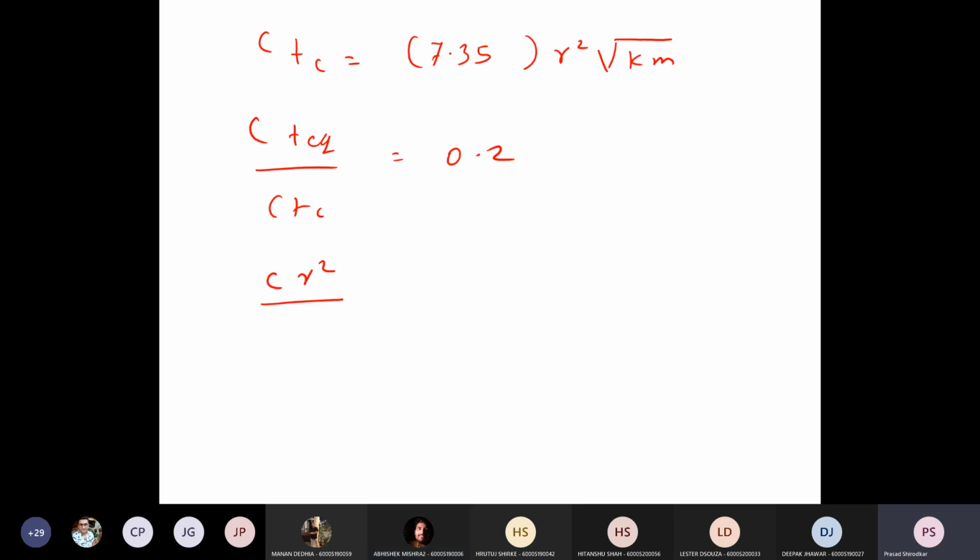And C torsional critical is this value. Substitute this value of C torsional critical into 0.2 and tell me the value of C in terms of root of k. 1.5, correct? 1.5.